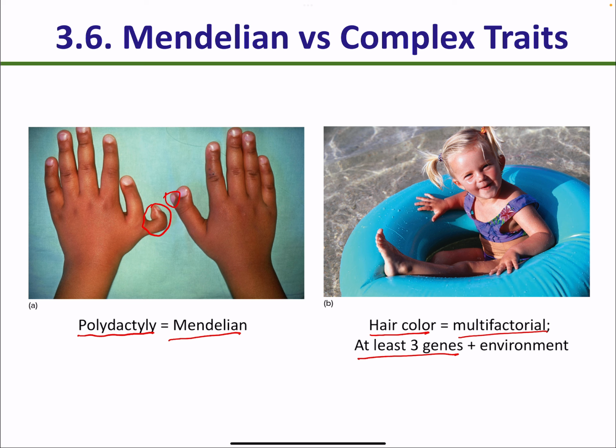But even then, you have the environment. For example, the amount of sun you are exposed to throughout a year is going to affect the overall color of your hair.